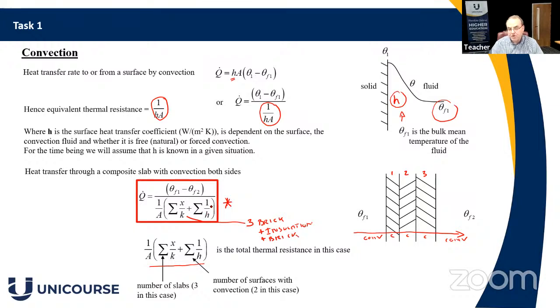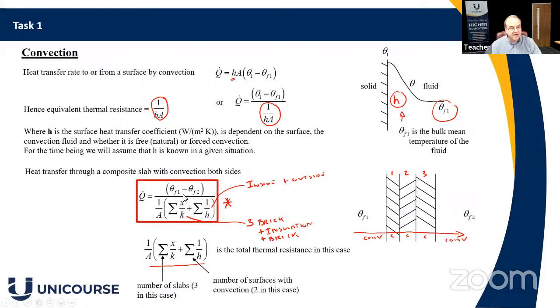And for the convective components, you'll simply have the inside convective thermal resistance and the outside convective component. So you'll have 5 terms at the bottom of that equation. Now, there is a similar example in the workbook which you can have a look at. Right, let's move on to task number 2.